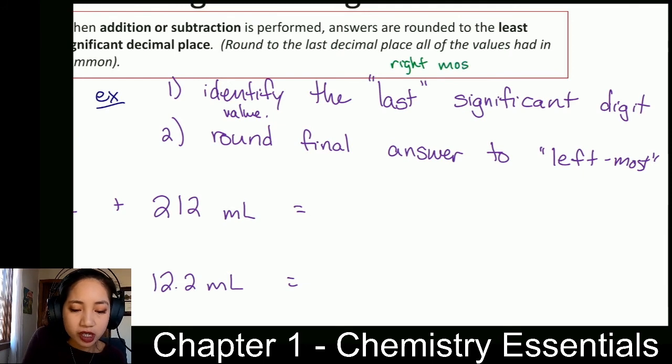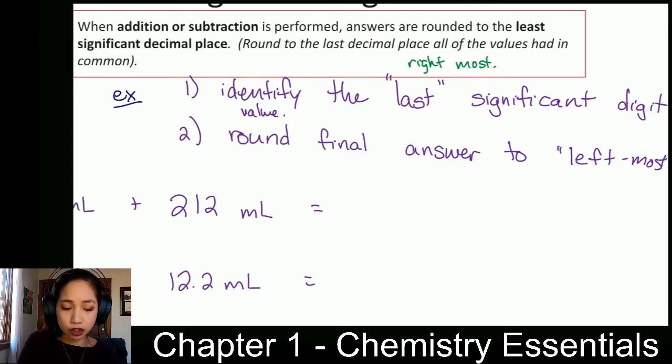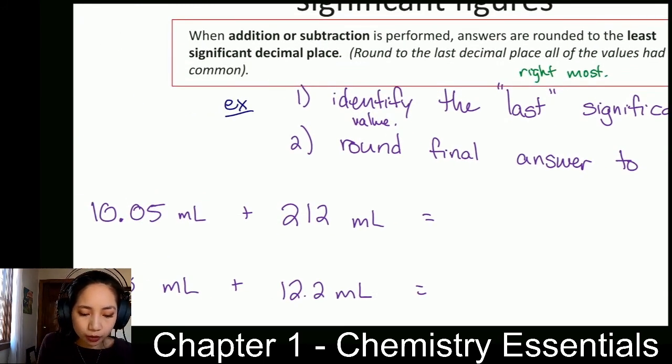So first, just identify where those last digits lie. If we look at this first example, I see the last significant digit in 10.05 is that 5 in the hundredths place. In the other value, 212, that last digit is that 2, but it's in the ones place.